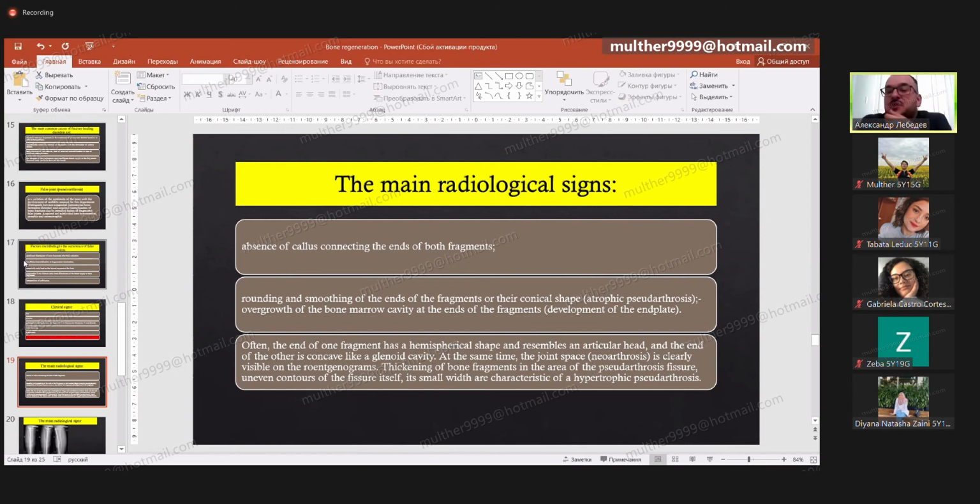For the tubular bones, you don't have any problems understanding, is it pseudoarthrosis? First of all, if you know the history of the patient, how much time ago this fracture happened, and the history of the treatment, you can make the diagnosis of pseudoarthrosis. If you just check the X-ray without any knowledge of the patient, it's so difficult for you.